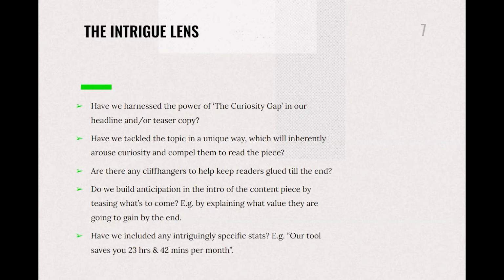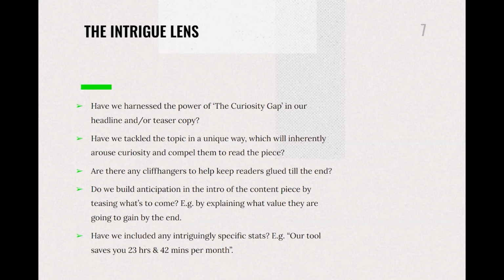Have we included any intriguingly specific stats? So there's all kinds of stats. Data and stats are brilliant for supporting points, but even more, to make them intriguing, go super specific. Super specificity can be very, very intriguing. Let's say on a landing page, rather than "our tool helps you save time and money so that you can focus on what really counts, your business."